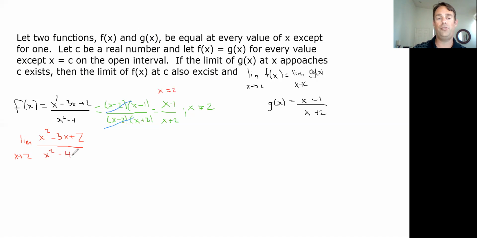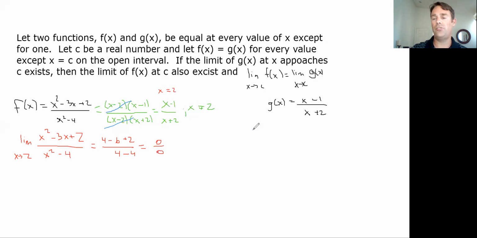So when I plug my 2 in there, I would end up getting 4 minus 6 plus 2 all over 4 minus 4, which would be 0 over 0.